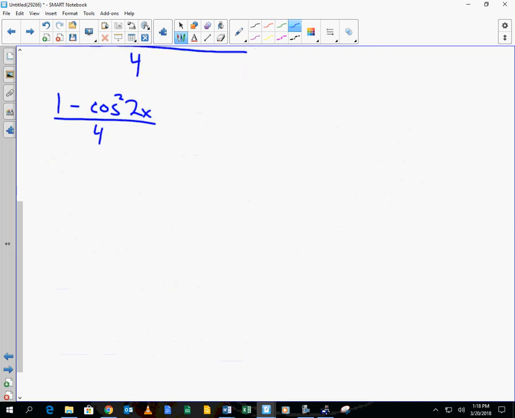So now I can express this as 1 minus 1 plus cosine of 4x over 2 all over 4. Complex fraction. How will we simplify?